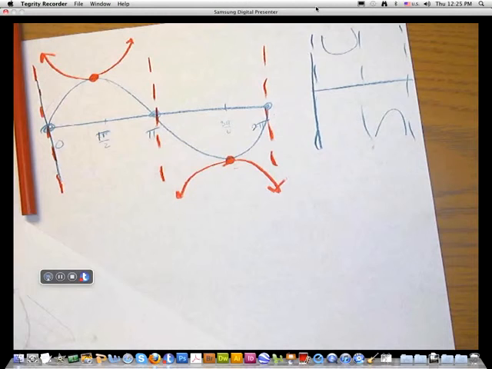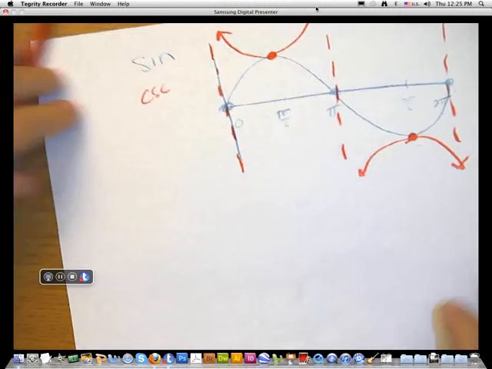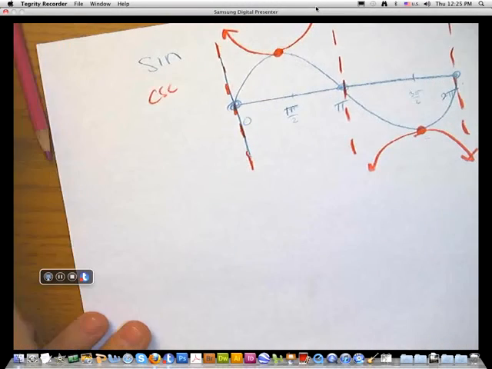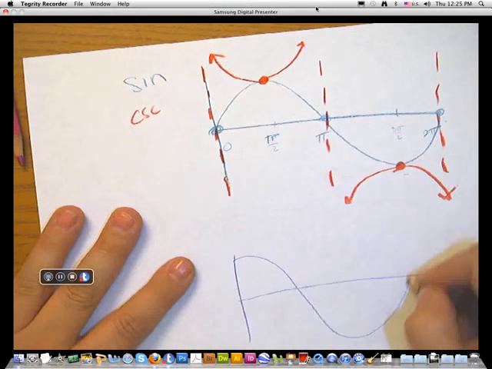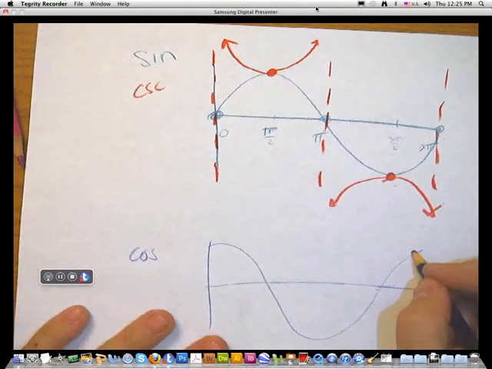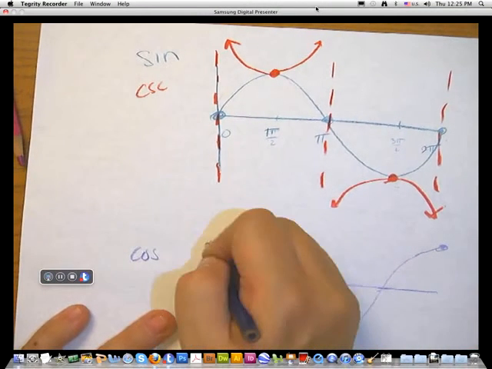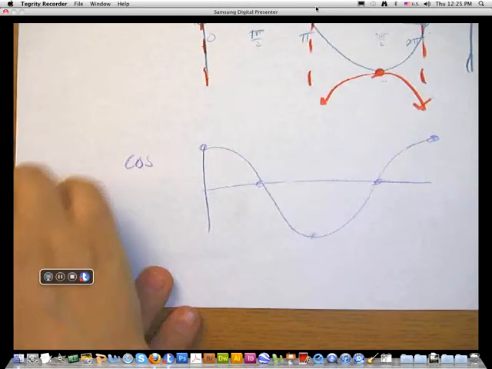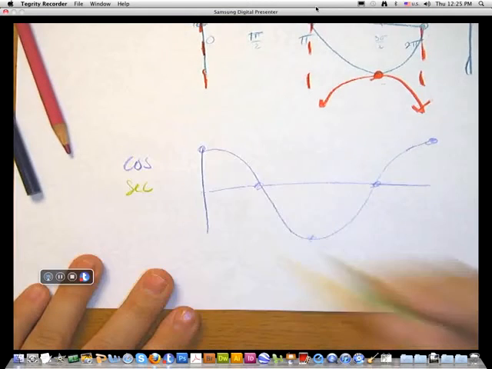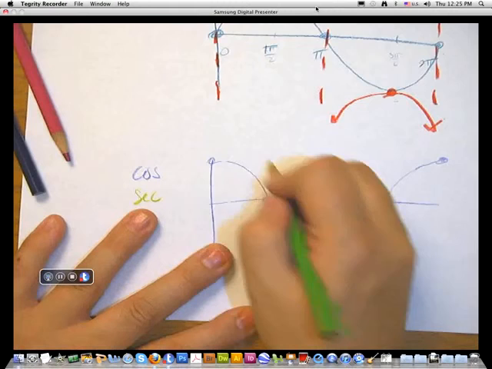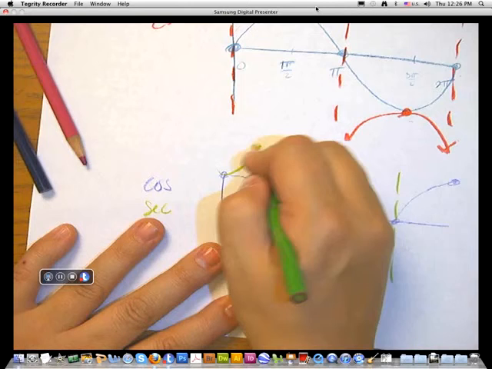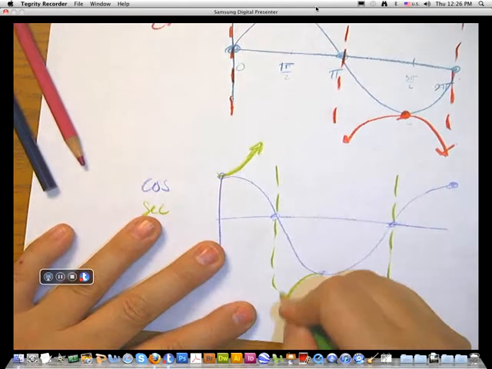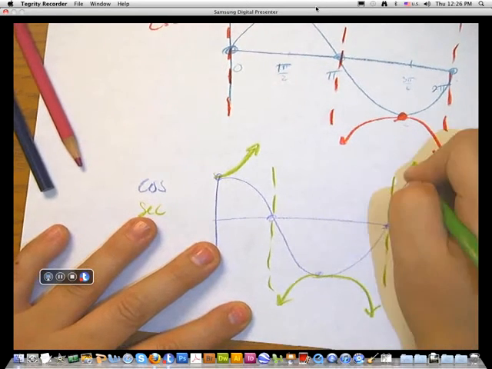Okay, so let's then look at the same thing that happens with cosine. Here's a normal cosine. That's a normal cosine. So the cousin secant is going to be at the intercepts, the x-intercepts, and it reverses from the points.